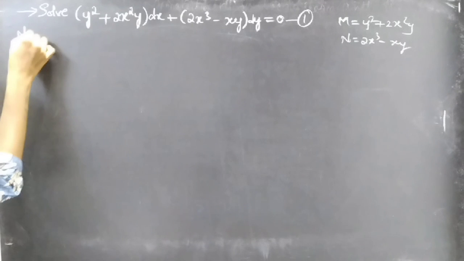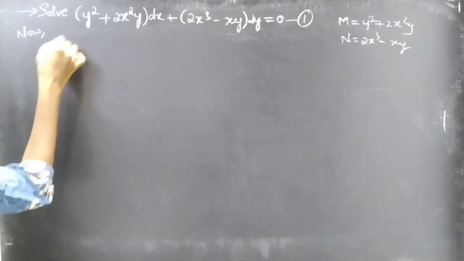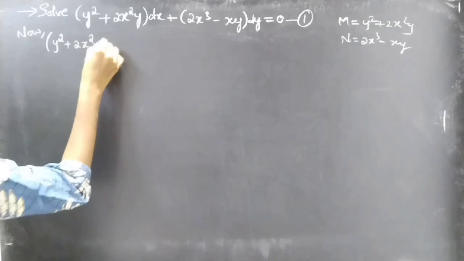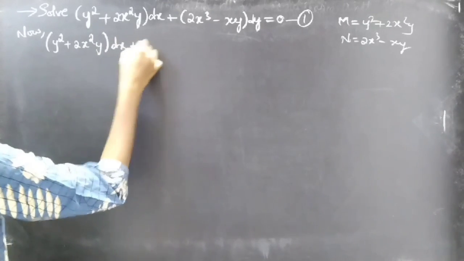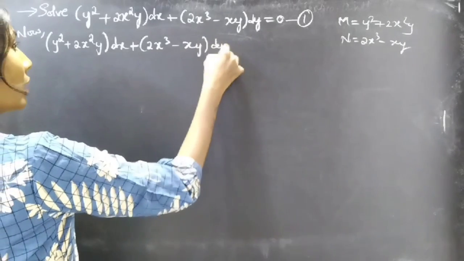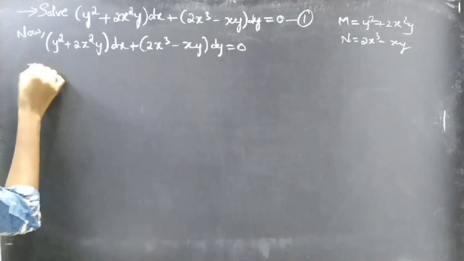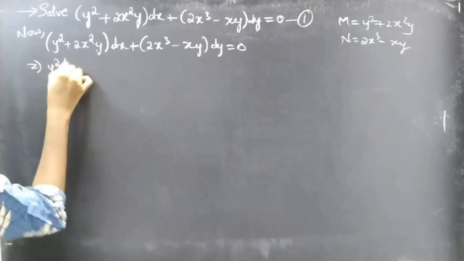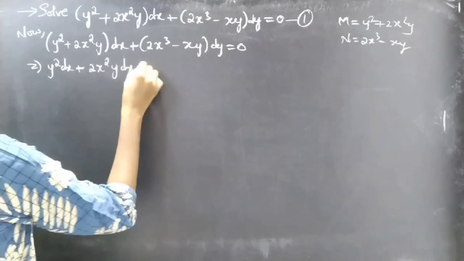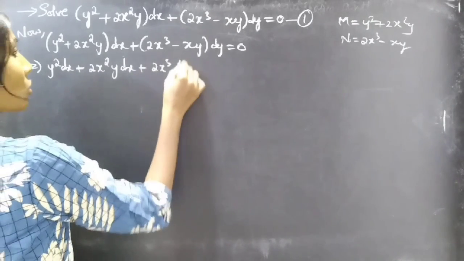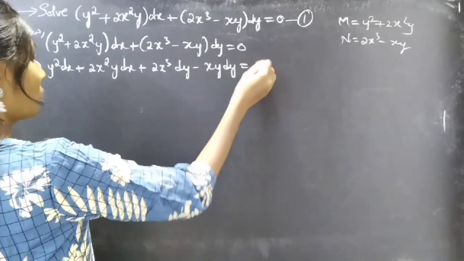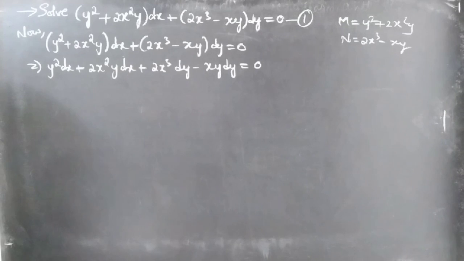Now, just consider the given differential equation (y² + 2x²y) dx + (2x³ - xy) dy = 0. And we can write this as y² dx + 2x²y dx + 2x³ dy - xy dy = 0, right?